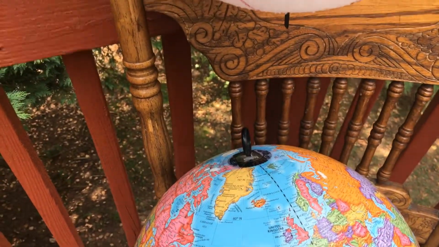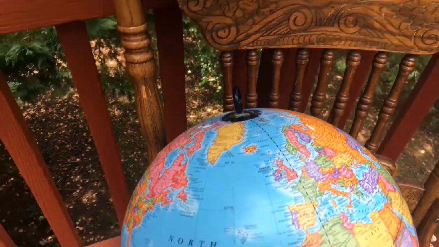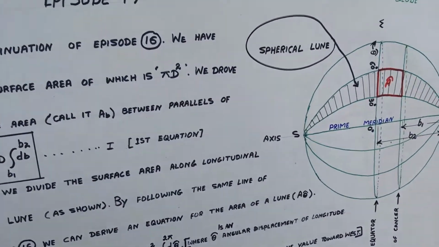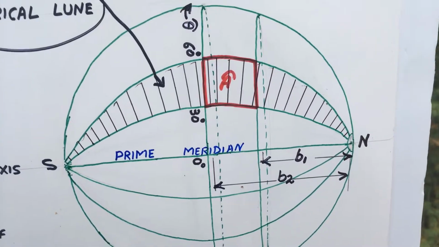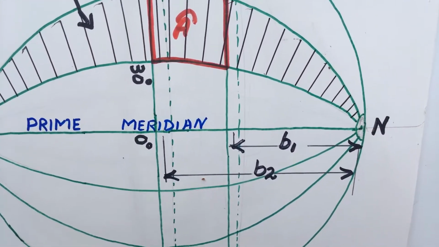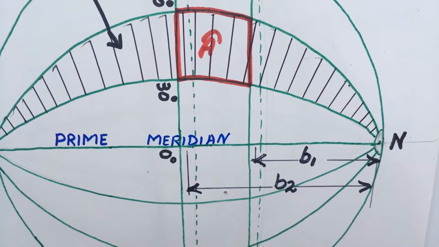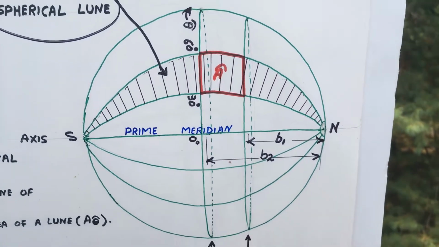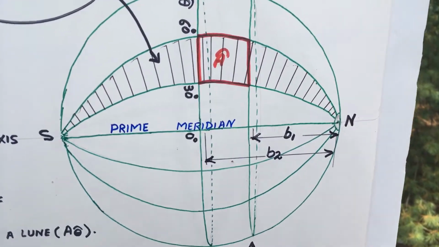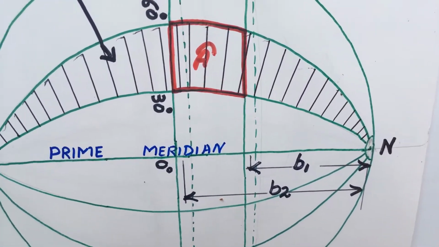We use theta cap to represent the longitude, but we use B to measure the latitude, which is a measurement along the axis of the globe, which is this B1 and this is B2.